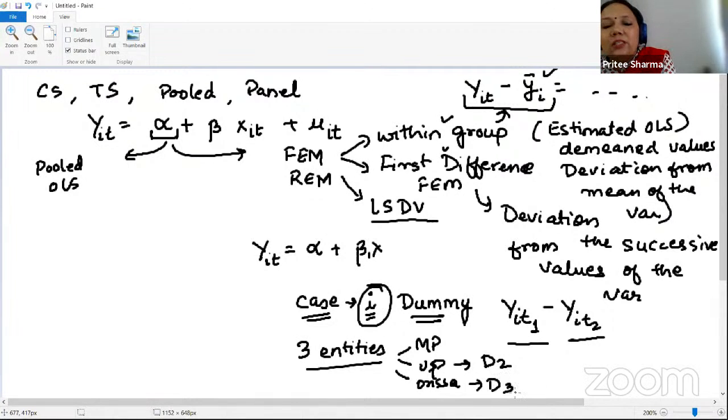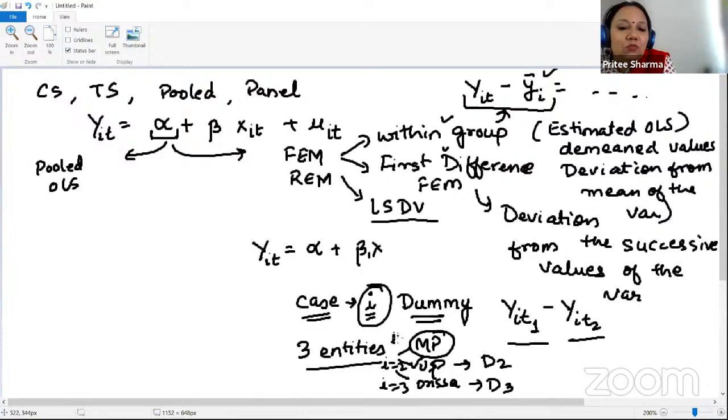I'm keeping 2 and 3 here because this is our case or identity number: i here is equal to 2 and i here is equal to 3. That is why conventionally I'm keeping these dummies as D2 and D3. And I will not create any dummy for the first case.